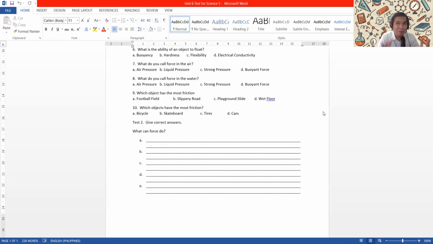Number four, make an object that is moving stop moving. Five, make a moving object change direction. And of course, number six, make an object change shape. That's it. That's the answer to what force can do.